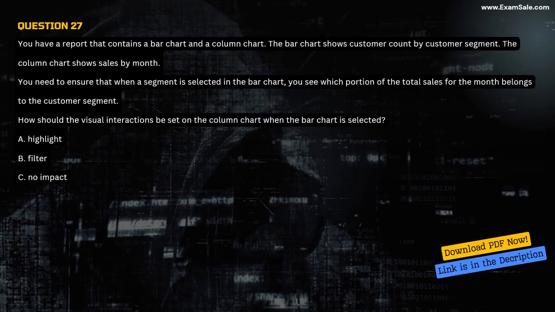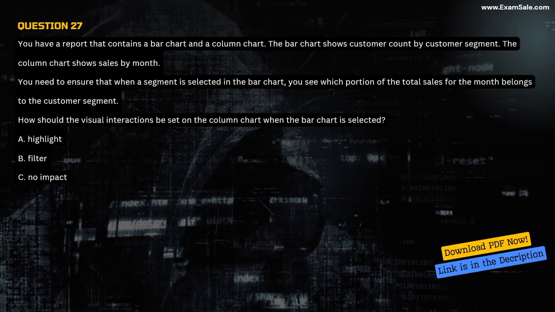Question 27. You have a report that contains a bar chart and a column chart. The bar chart shows customer count by customer segment. The column chart shows sales by month. You need to ensure that when a segment is selected in the bar chart, you see which portion of the total sales for the month belongs to the customer segment. How should the visual interactions be set on the column chart when the bar chart is selected?